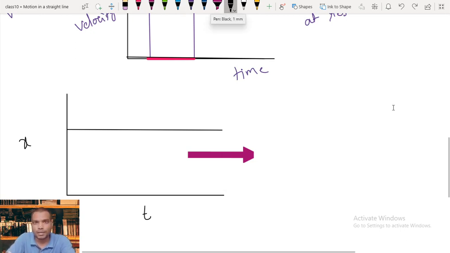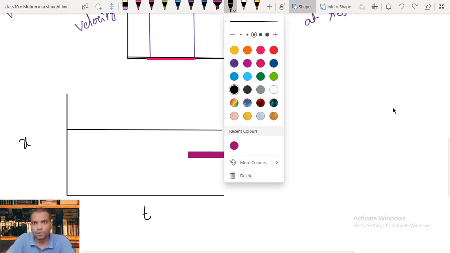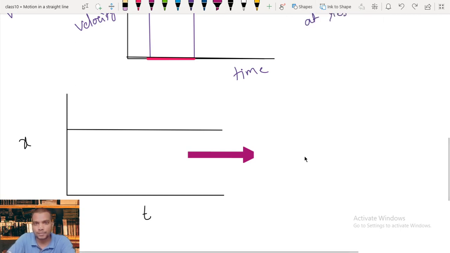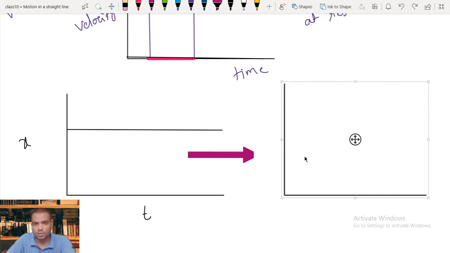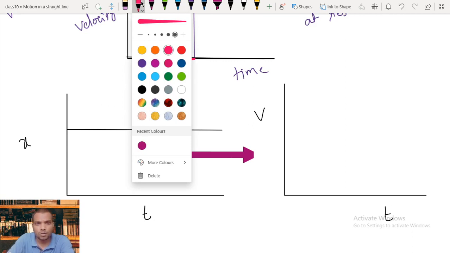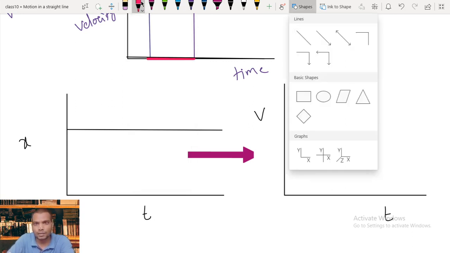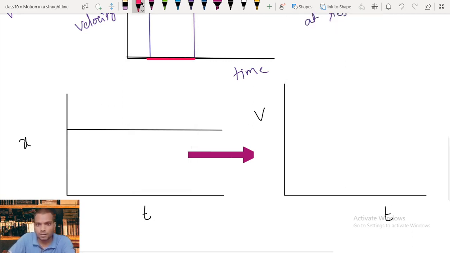If I take that as velocity, let me take the x-axis first here. So this is the velocity versus time graph, but I need to draw a line which is on the x-axis all the way, it goes to 0.